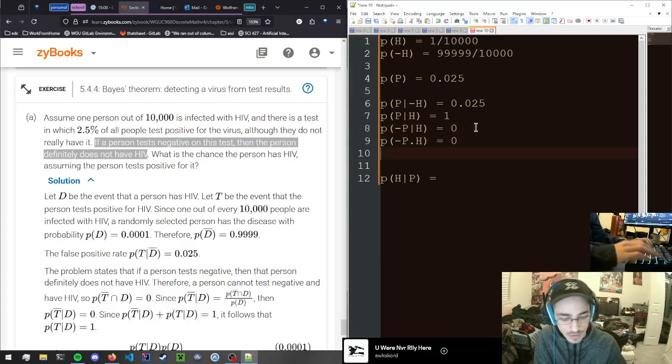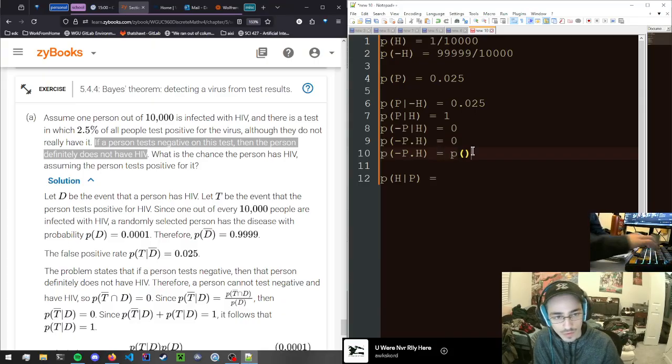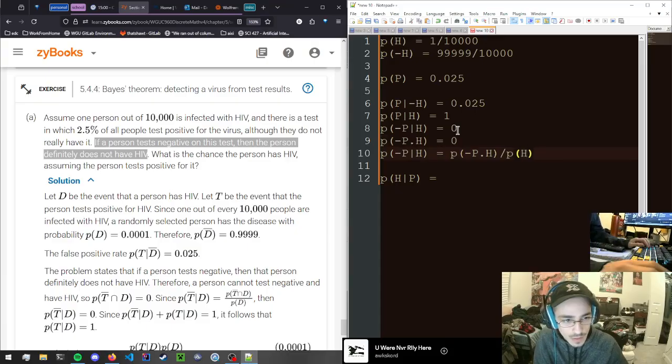what they did is they said this equals, or the conditional equals this divided by this, and if this is 0, wait, whoops, if this is 0, then this is going to end up being 0.